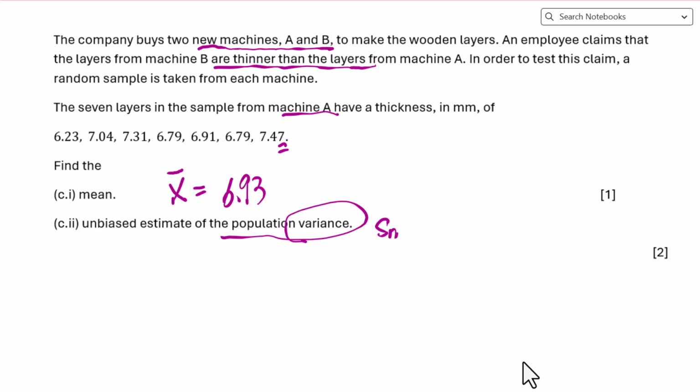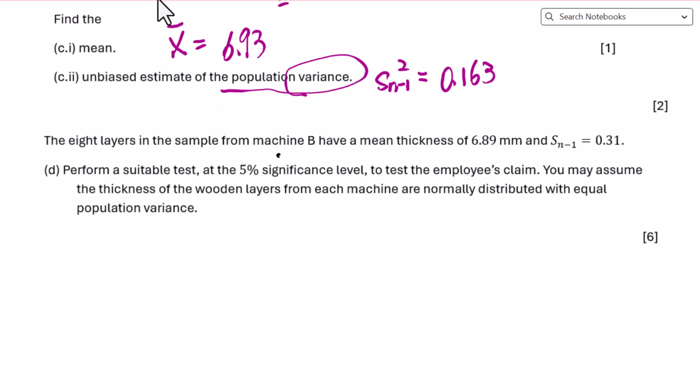S sub n minus 1 squared equals 0.163. The 8 layers in the sample from machine B have a mean thickness of 6.89 millimeters and S sub n minus 1 equals 0.31.